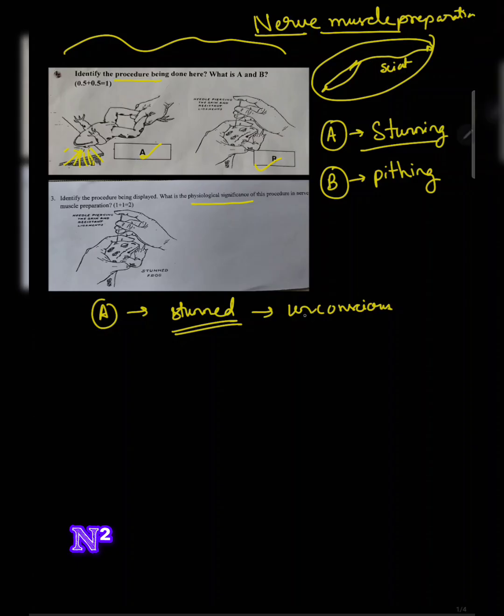But if you give some jerks or electrical shocks, the animal might react. There will be some reflexes which will hinder our experiment. So merely doing this stunning step is not sufficient for our isolation.